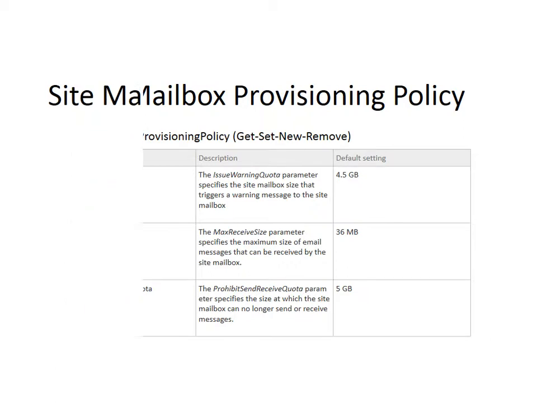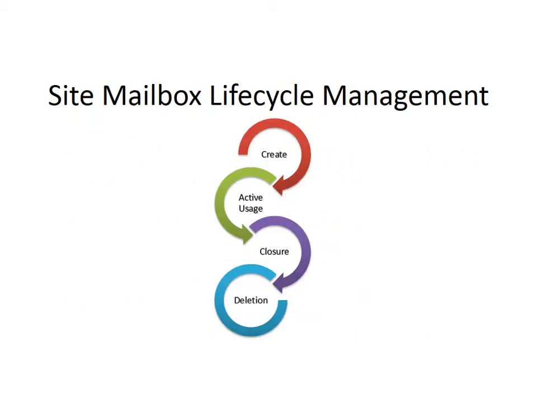Okay, so let's move on to site mailbox lifecycle. And this is pretty important, I believe. Site mailbox lifecycle has 4 states: create, active usage, closure, and deletion. I have already shown the creation of site mailboxes.